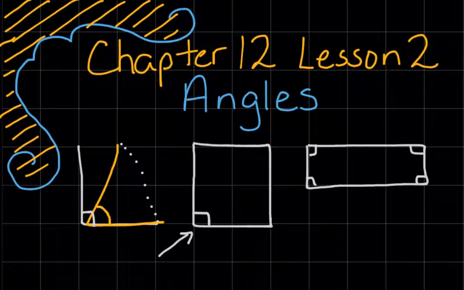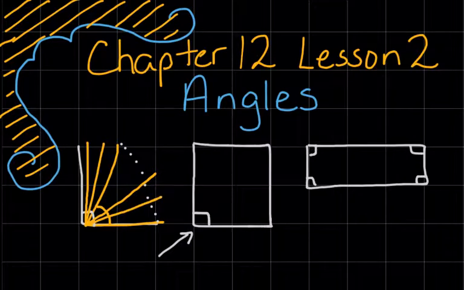a right angle. I'm going to make more that are less than a right angle in the same area. That's less than a right angle. That's less than a right angle. All of these make angles that are less than a right angle. Okay, there's a word for it. They're called acute.